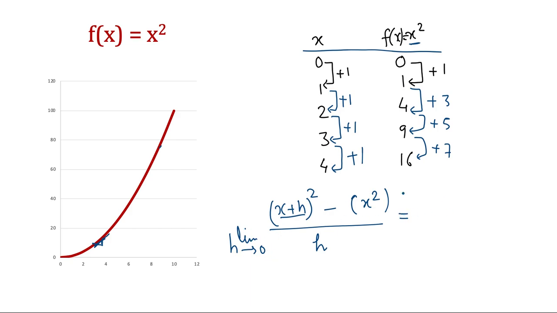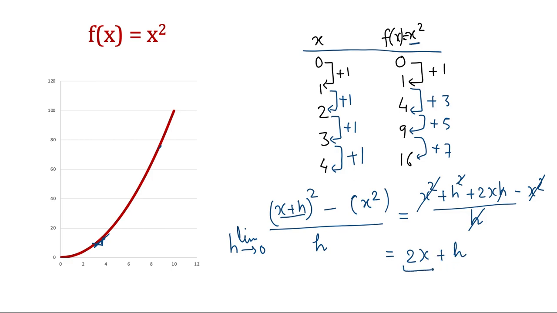So let's expand it. It becomes x squared plus h squared plus 2xh minus x squared. The x squared goes away, and with h in the denominator, one h cancels here and one h cancels here. So it becomes 2x plus h.